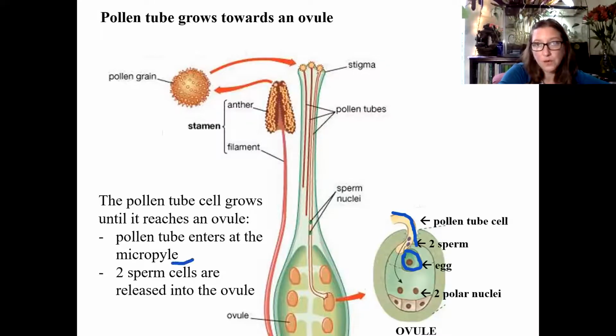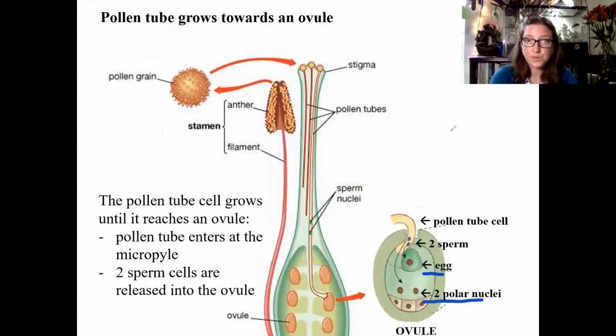So it says over here, two sperm cells are going to get released into the ovule. And what's going to happen is one of these sperm will fertilize the egg. And the other sperm is going to fuse with the 2 polar nuclei. And I'll show you what happens because of that.